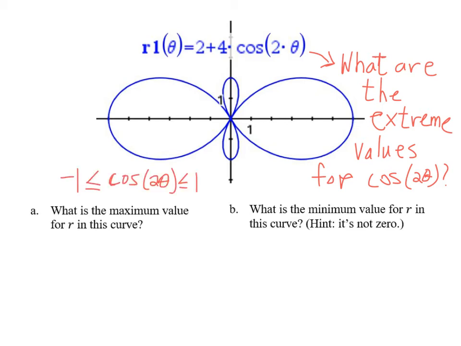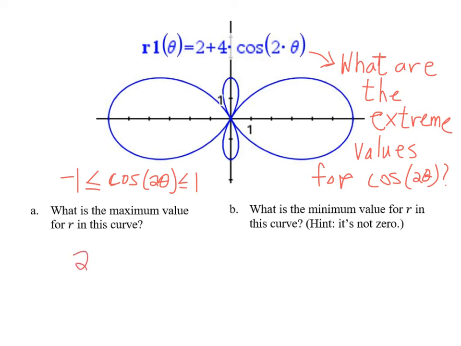Hopefully you're already thinking, yeah, -1 and +1, right? -1's the smallest and +1's the biggest. So those are the values we need to go with here. So if cosine is 1, then we're just going to have 2 plus 4 times 1. All right, so I believe the maximum value that we're going to get here appears to be 6, right?